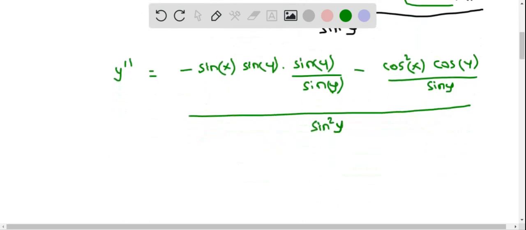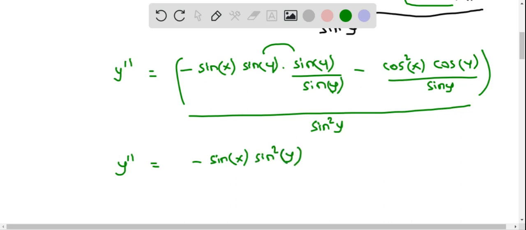Now, if you look at only the numerator, we have a fraction, and the common denominator is sine y. So we can now combine the numerators of the numerator fractions. That is, sine y times sine y is sine squared y. So we will have sine of x, and then sine squared y, and this is over sine y.